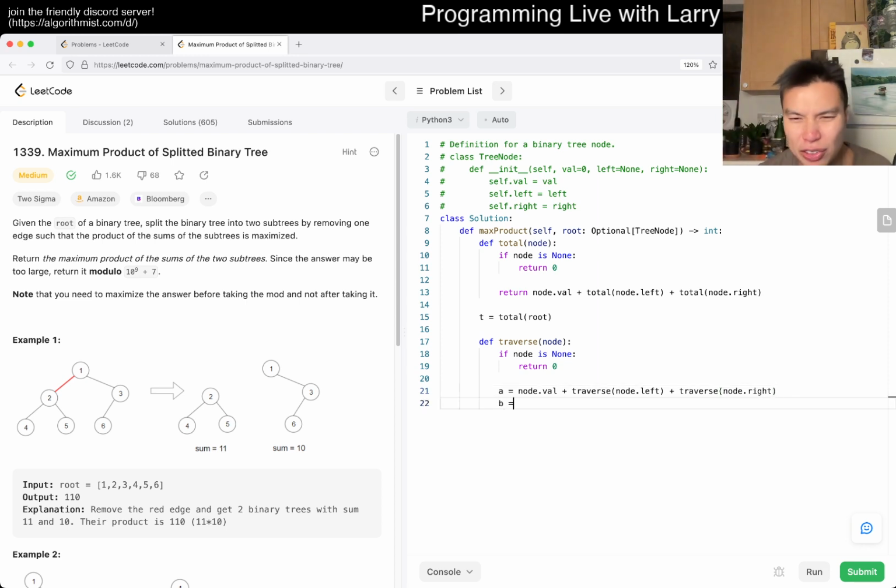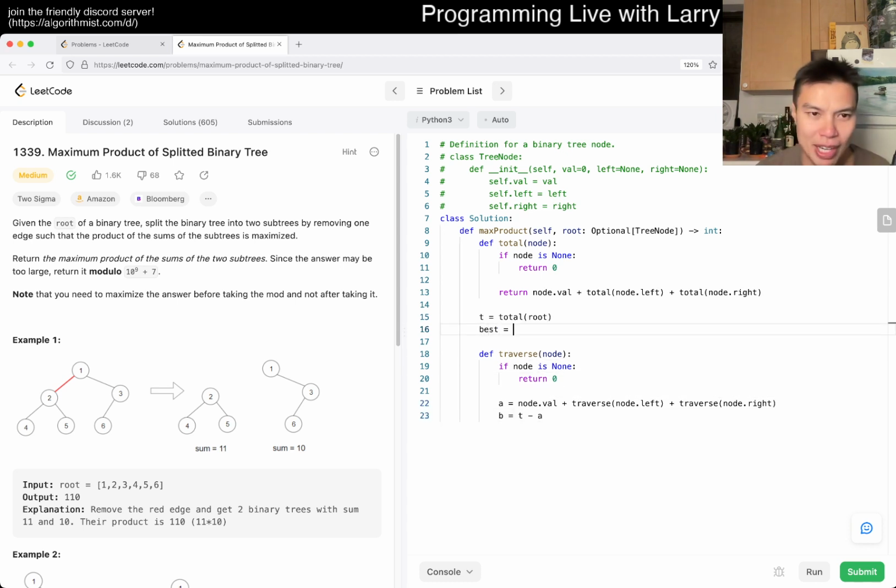And then B is equal to T minus A. And then now we have a best variable. Since we're going to maximize, we put 0, and then nonlocal best is equal to max of best and A times B, right? And then we just return A, because that's the sum of the tree again.